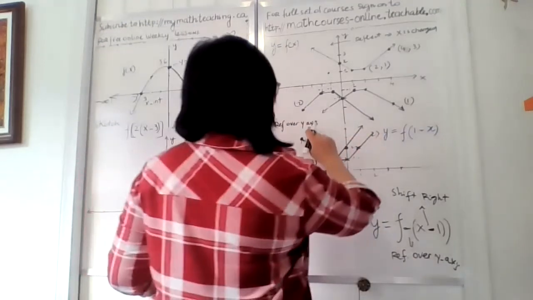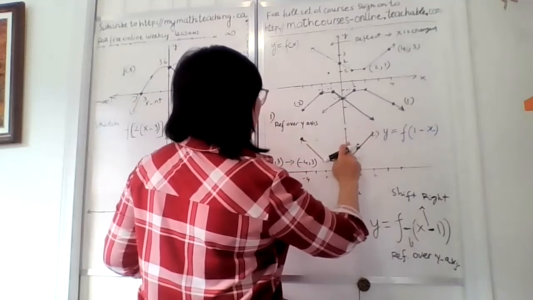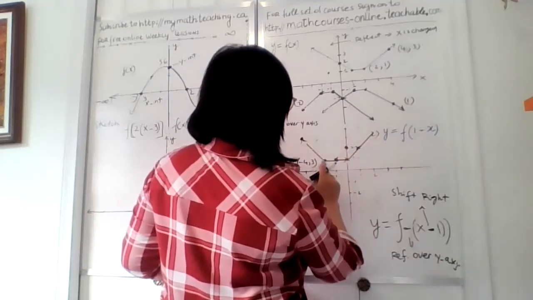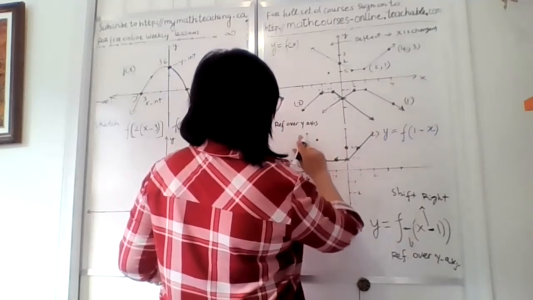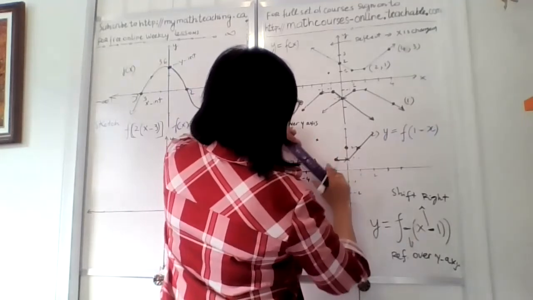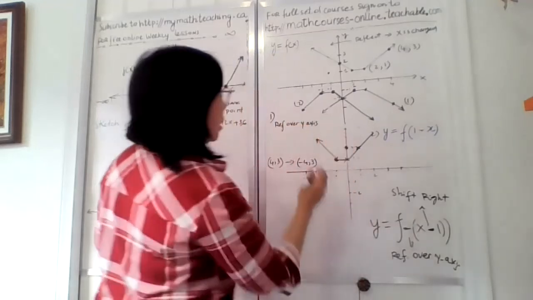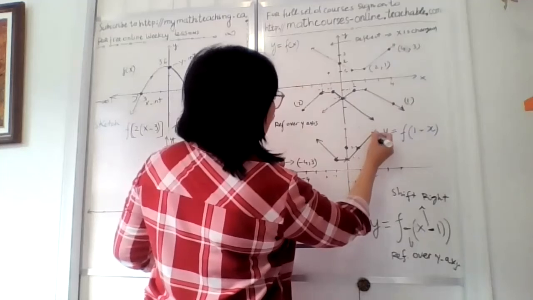So let me erase the first one and just keep the full concept. This one shifts to this one. So it should look like this. Right? So every point on the graph will move to the right 1 unit.